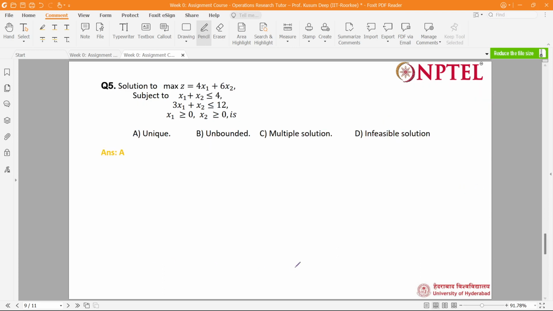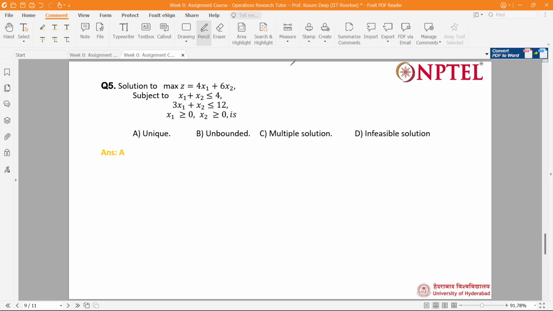Next, here is a question: solve for the solution to the maximization of Z. This is the objective function, subject to the constraints and non-negative restrictions. And the options are: the solution is unique, unbounded, multiple solutions, or infeasible.